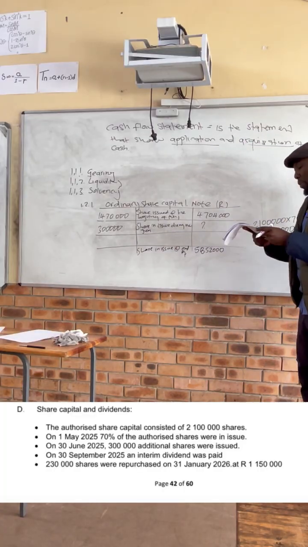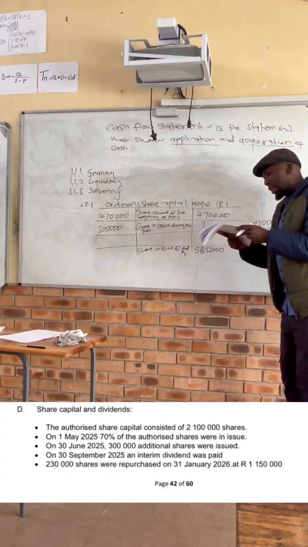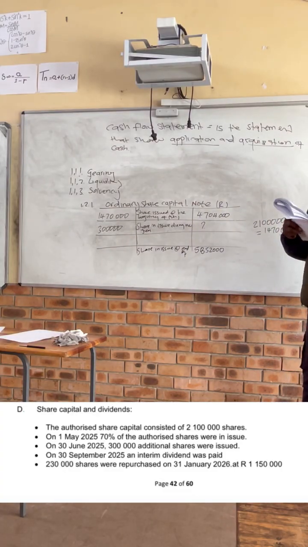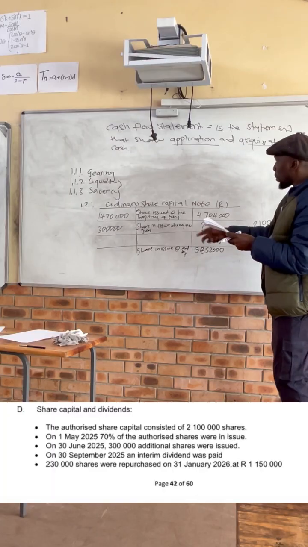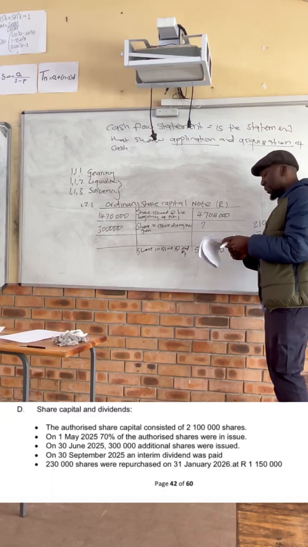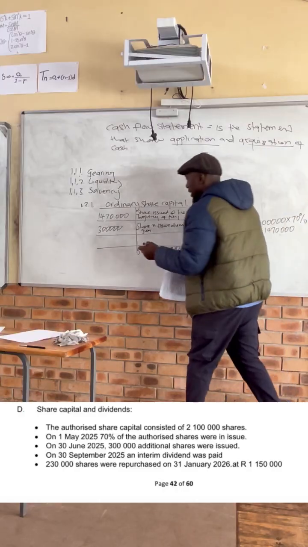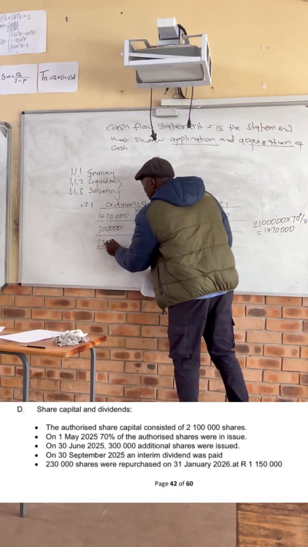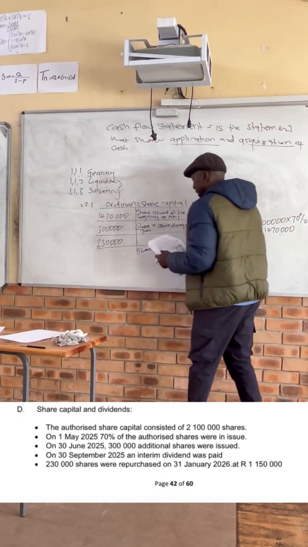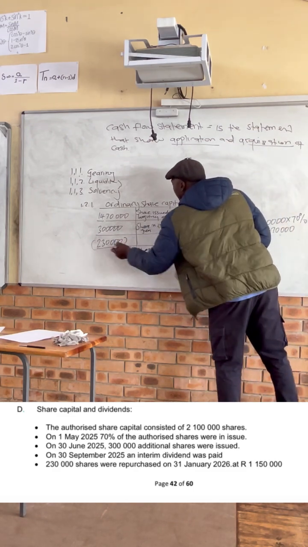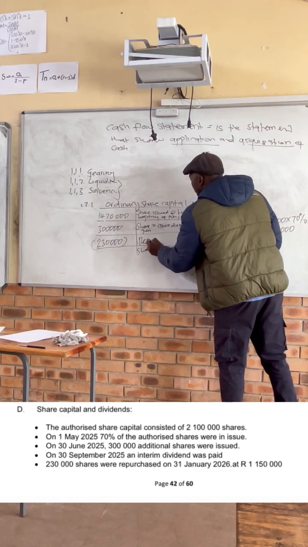Now we go to the next bullet: on 30 September 2025, an interim dividend was paid. That one is not part of our ordinary share capital. And then we go to the last bullet, 230,000, and we have brackets. Here we have our repurchase.